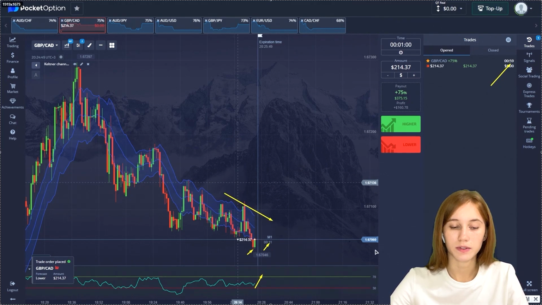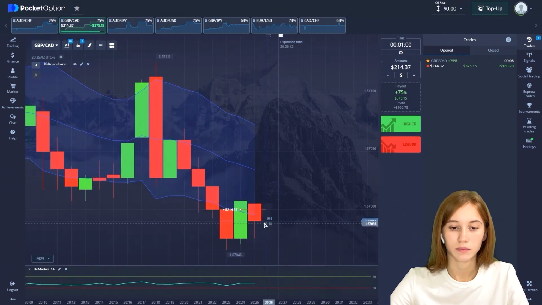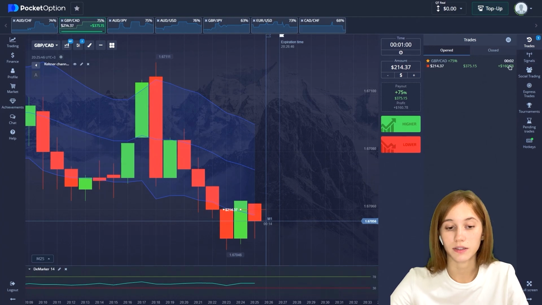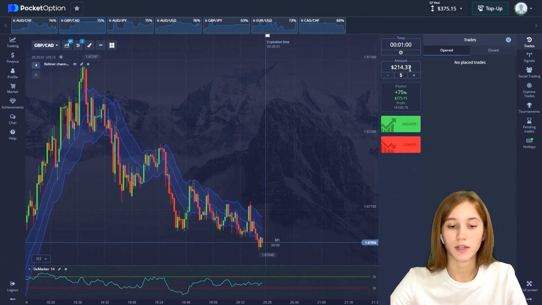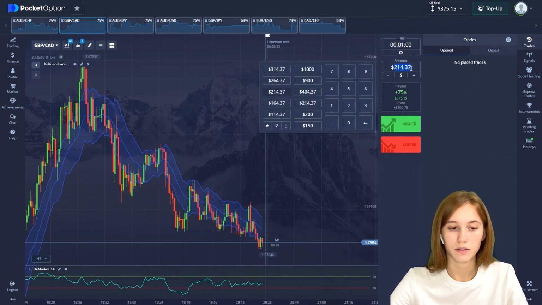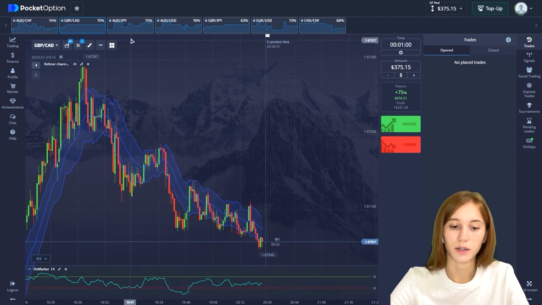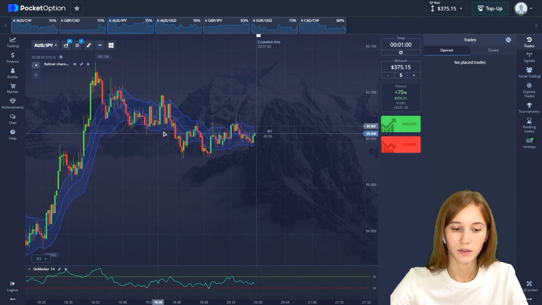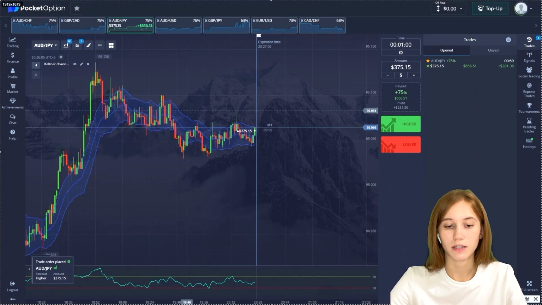By this indicator we see an uptrend, but we make our decision by technical analysis and by the first indicator. Stable decreasing, 2 seconds. Yeah, our deal goes into plus. More than $300 on our deal amount.